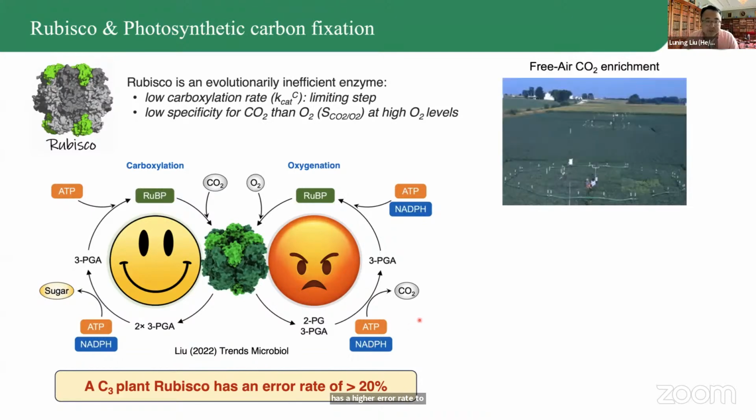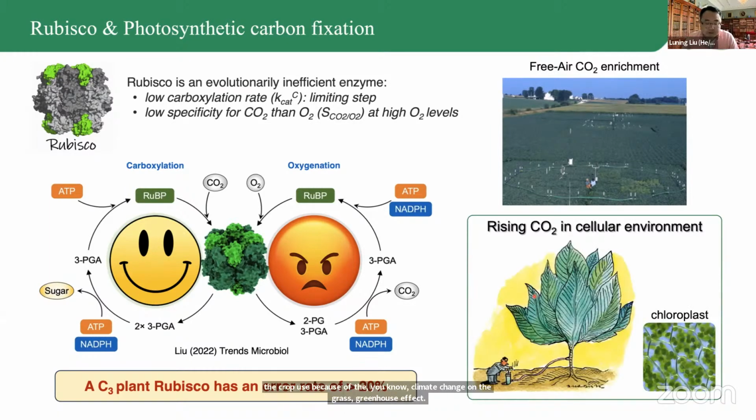So researchers tried improving the CO2 level around the plant to improve plant growth, and it works. But in practice, we cannot provide high CO2 in the field to improve crop yield because of the climate change and the greenhouse effect, right?